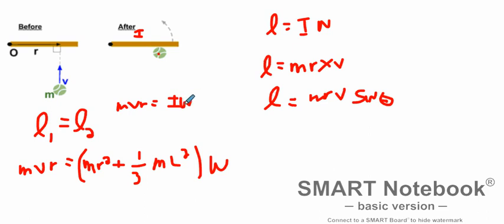In this case, the I is because of a ball and a rod that's rotating, multiplied by angular velocity omega. So we have to remember that for an object traveling in a linear sense, if there's a radius associated with it, we use this equation to get its angular momentum.